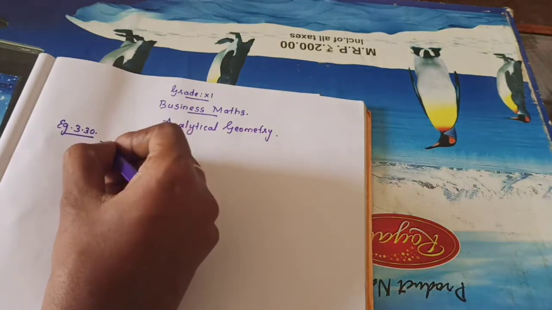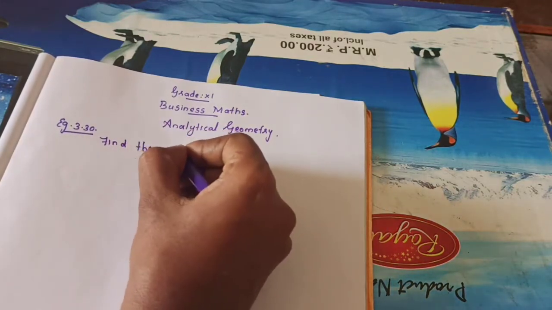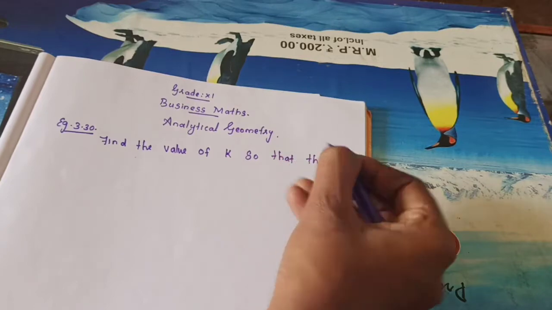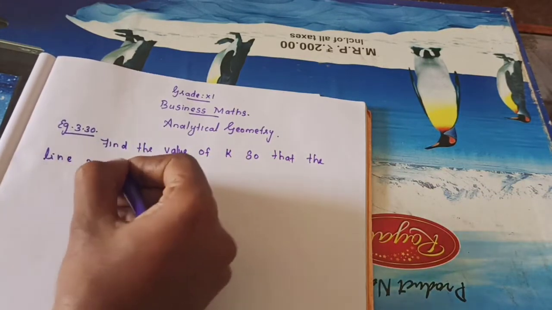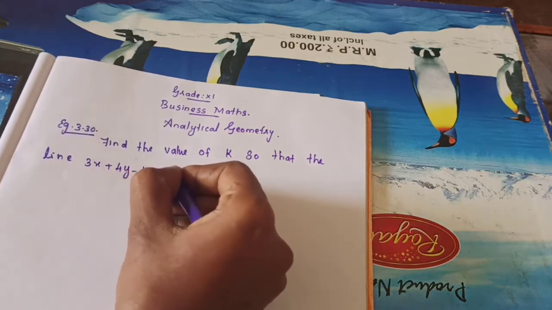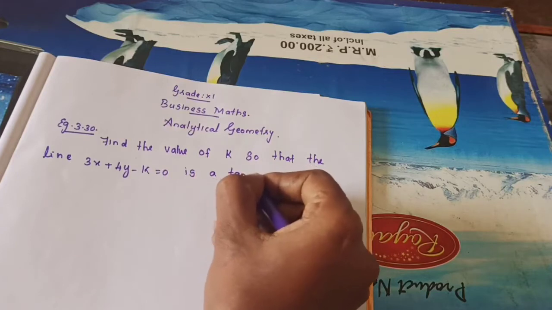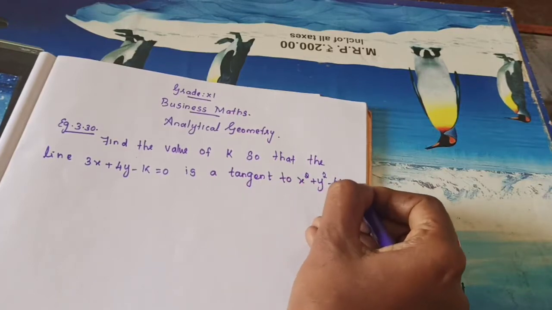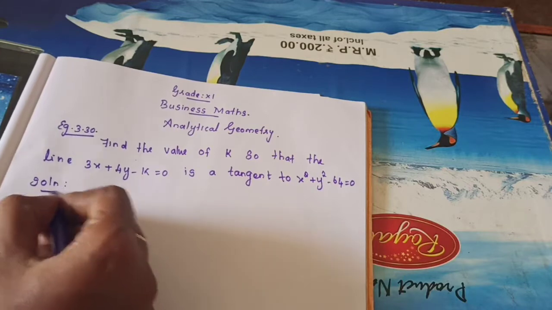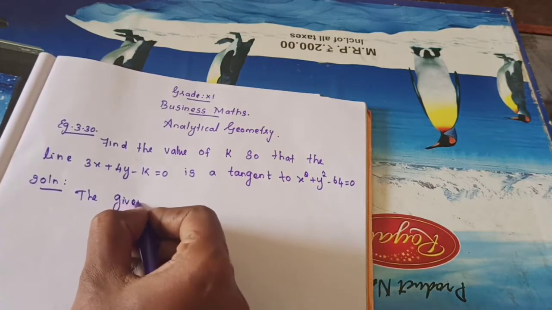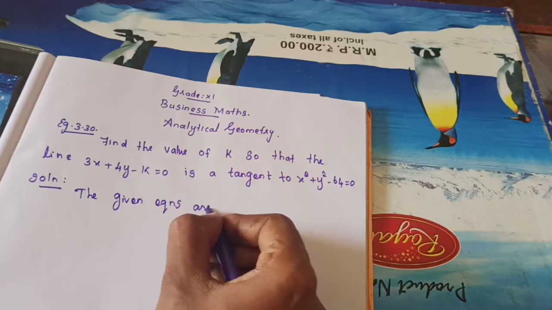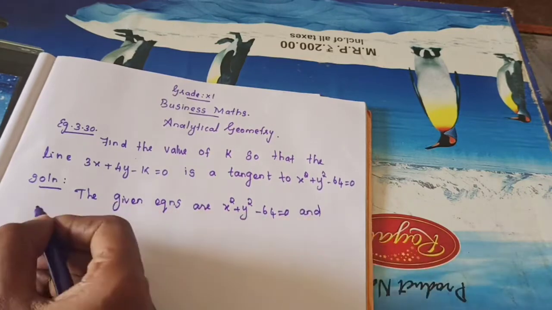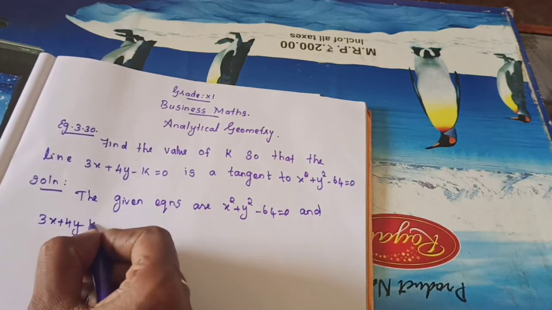Writing the question. The given equations are x square plus y square minus 64 equal to 0 and 3x plus 4y minus k equal to 0.